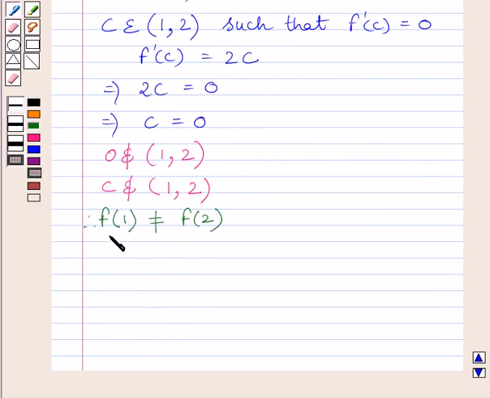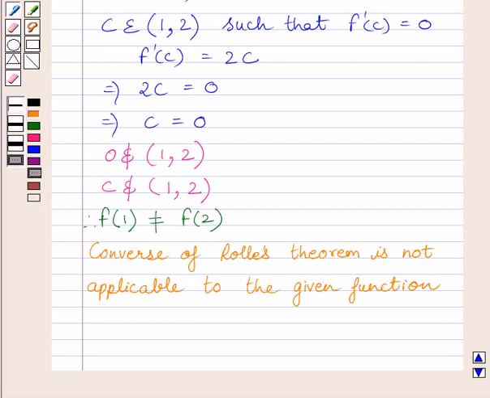This we have already shown above that f(1) is equal to 0 and f(2) is equal to 3. So both the values are unequal. Now since c does not belong to open interval 1 to 2, so converse of Rolle's theorem is not applicable to the given function. This completes the session.